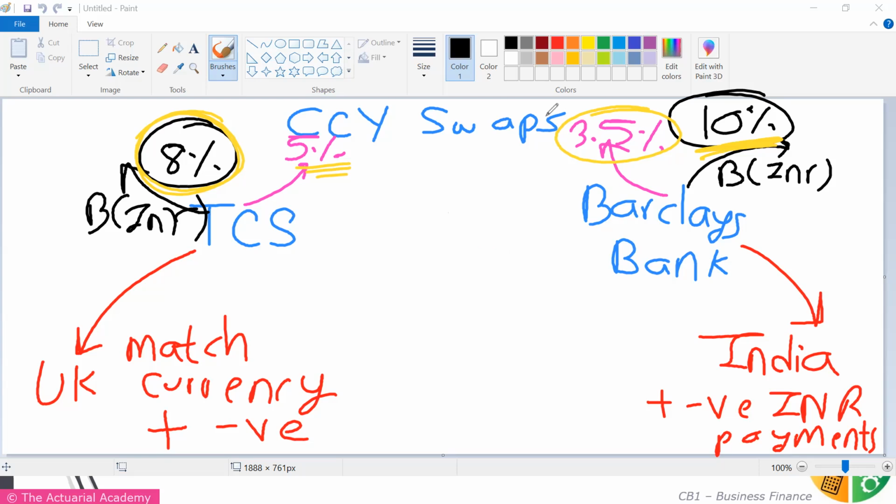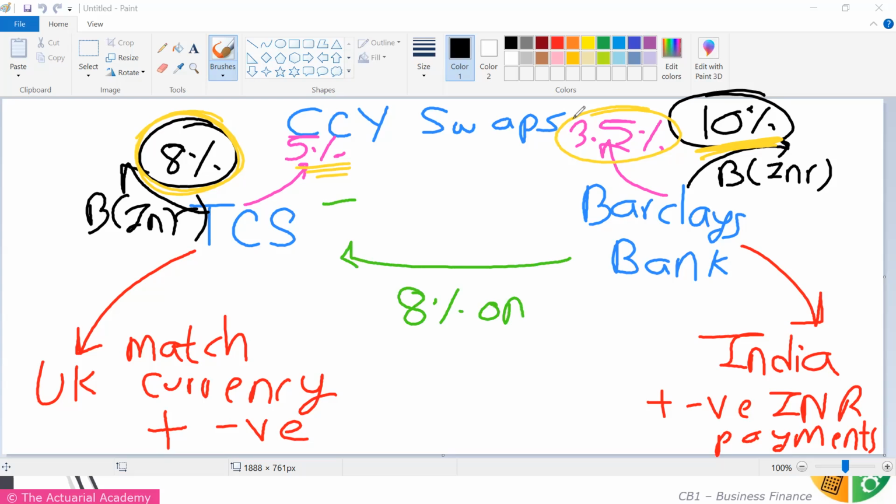So now what TCS will do is take out a loan in INR, because it is easy for TCS to pay in INR. It will take out a loan in INR, and it will ask Barclays to pay TCS 8%. Here we are not looking at profit and losses and everything. 8% on a notional amount would be decided. How much loan do both the companies want?